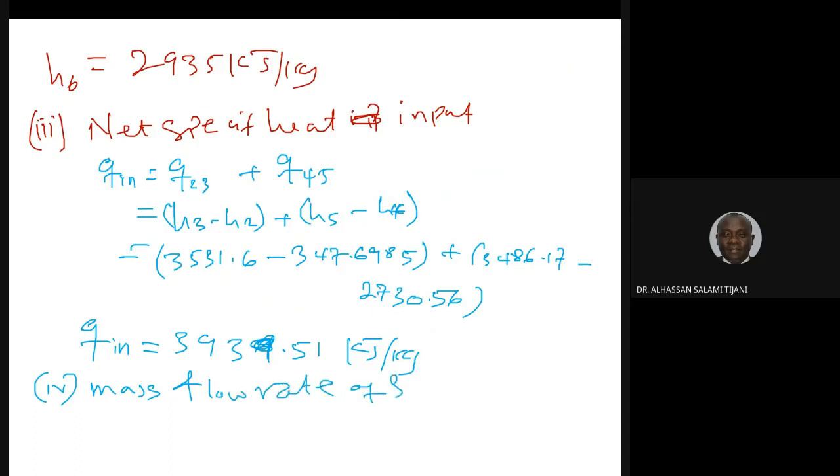The mass flow rate of the steam can be calculated if we know the power input. Basically, Q in dot equals mass flow rate dot times q in.